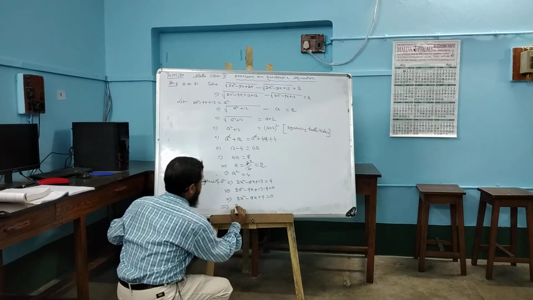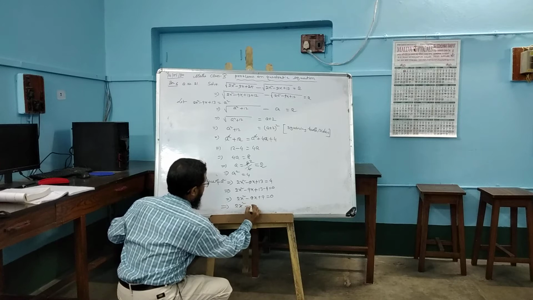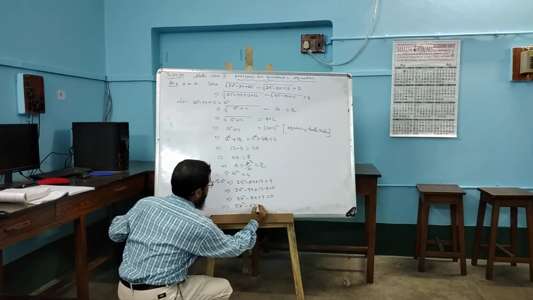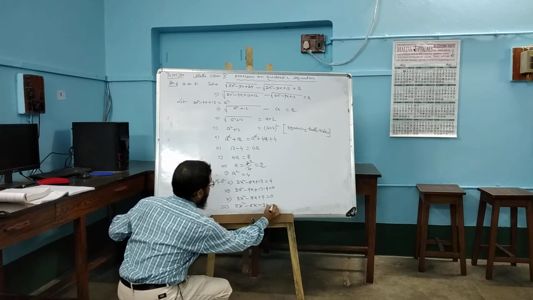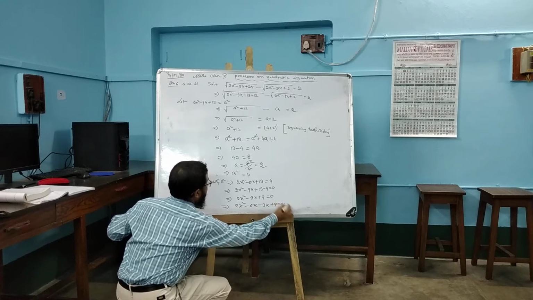This implies 2x square minus 6x minus 3x plus 9 equal to 0.